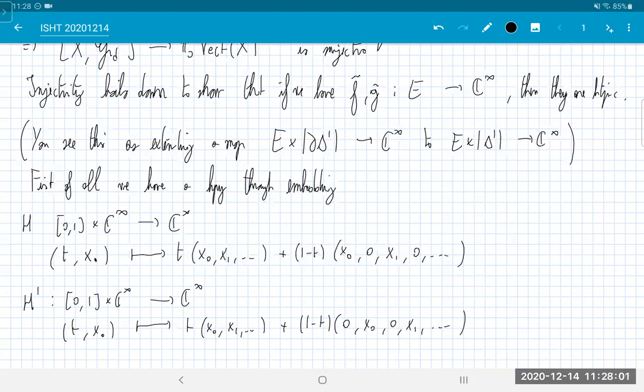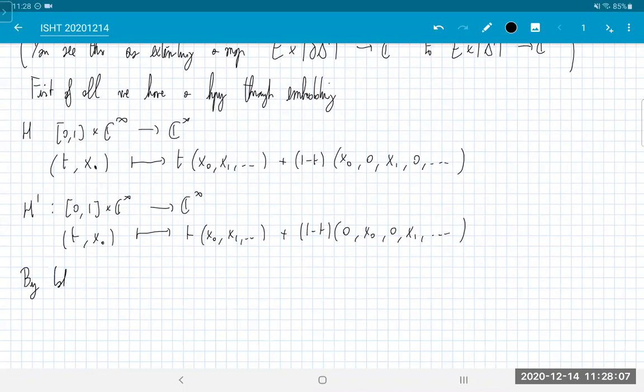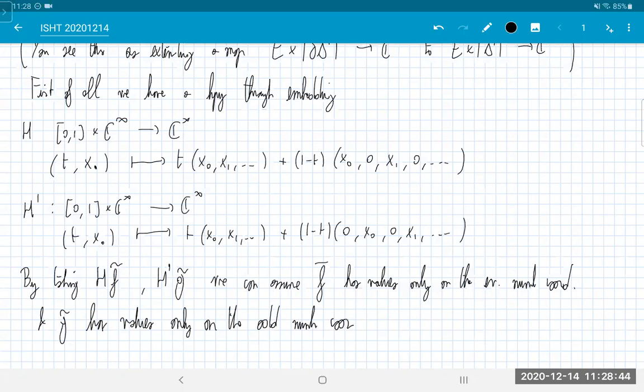So by taking H F tilde and H prime G tilde, we can assume F tilde has values only on the even numbered coordinates, and G tilde has values only on the odd numbered coordinates.